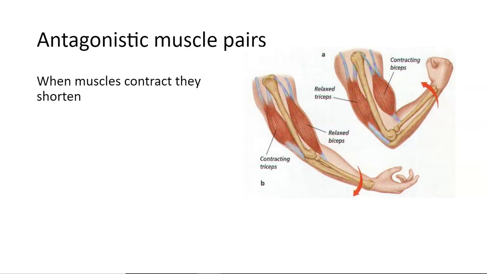As that's getting shorter, the triceps, the opposite side, are actually getting longer. They're being pulled apart. In order to get your arm to go back the other direction, you have to contract the triceps, which pulls the biceps open. Those are antagonistic muscle pairs. Those same things are going on in your lungs with those intercostal muscles and then abdominal and diaphragm muscles.